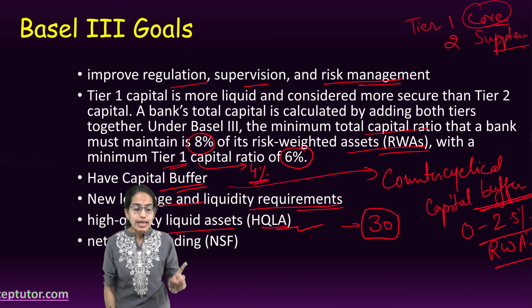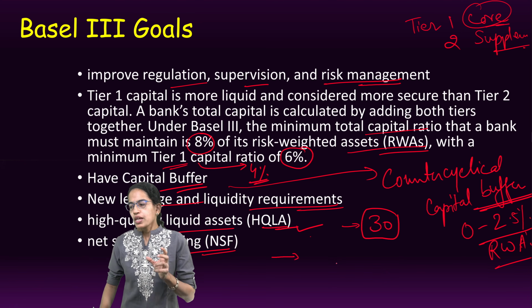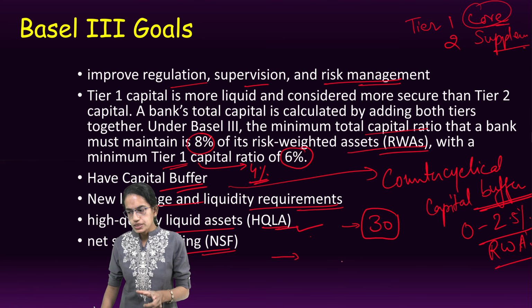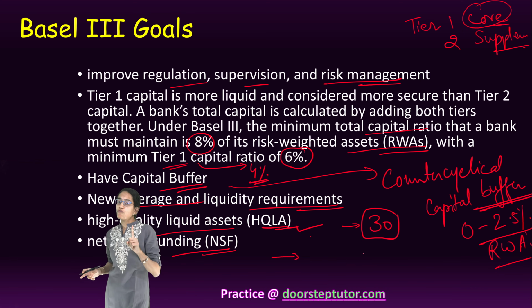The next is net stable funding, NSF. The net stable funding is available stable funding, which is essential capital and liabilities with a time horizon of more than 1 year.